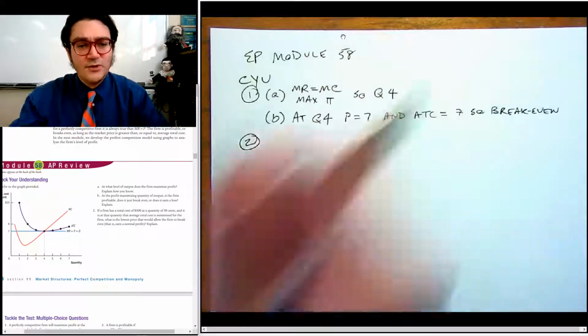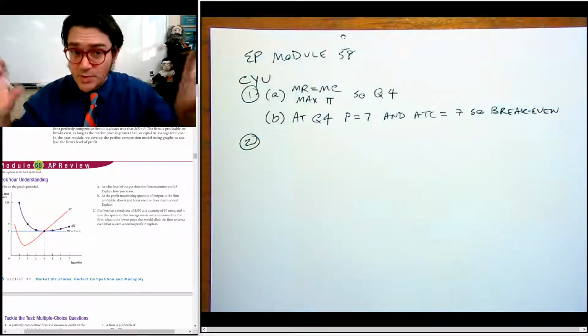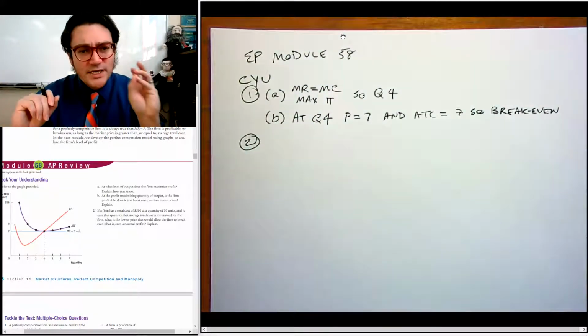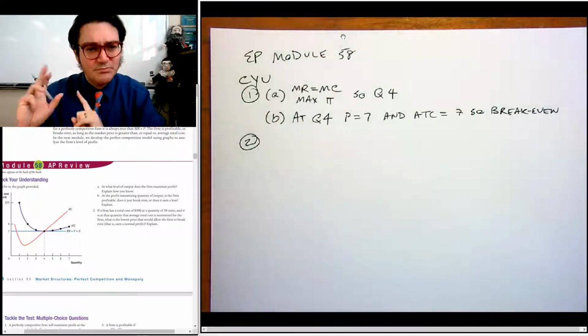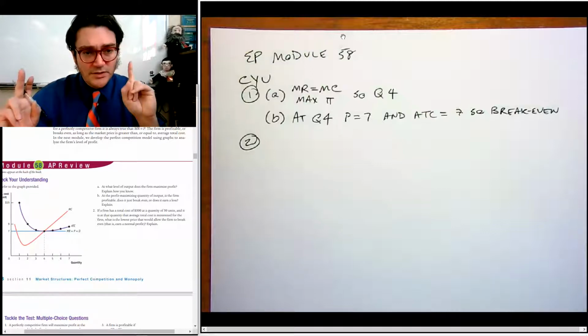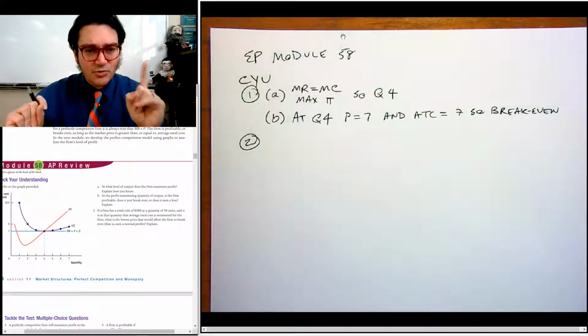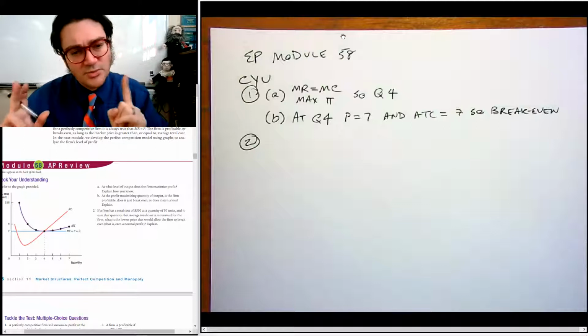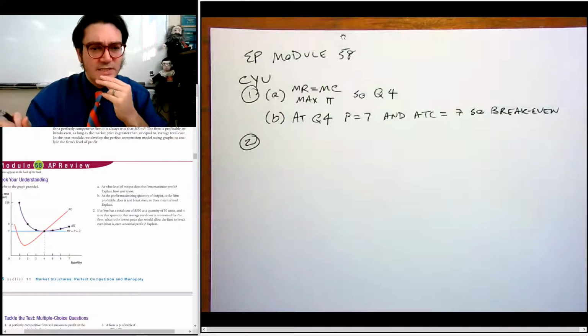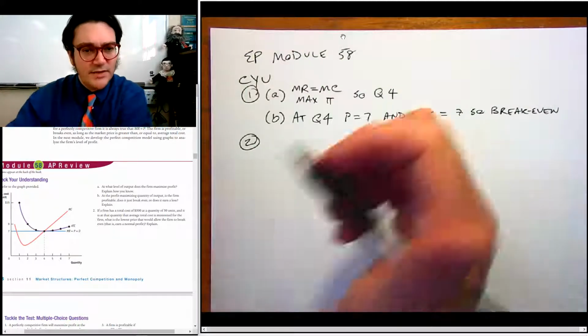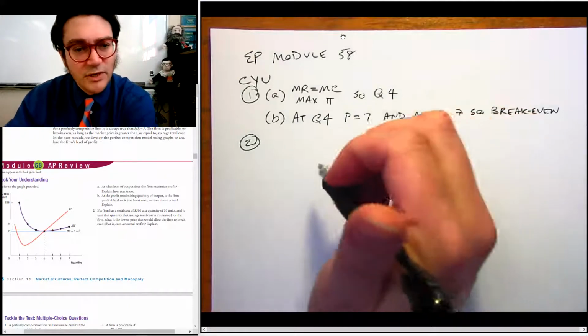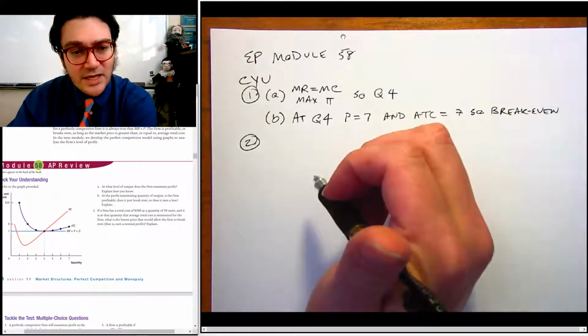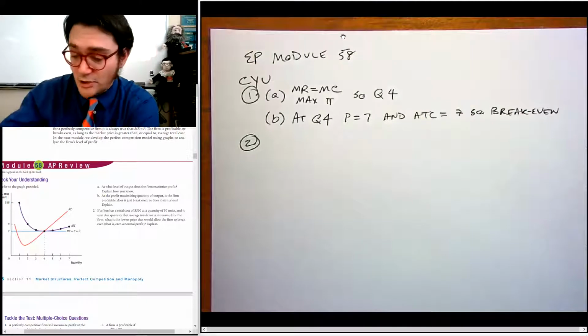Then it says number 2, if a firm has total cost of 500, so this is totally unrelated to that graph, at a quantity of 50 units, and it is at that quantity that ATC is minimized for the firm, what is the lowest price that would allow the firm to break even? That is, earn a normal profit. Explain. So it's telling us that the firm has TC of 500 at quantity 50, and at that quantity, ATC is at the bottom of the U, right?